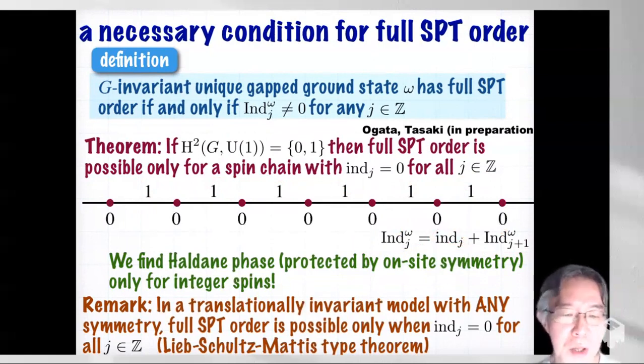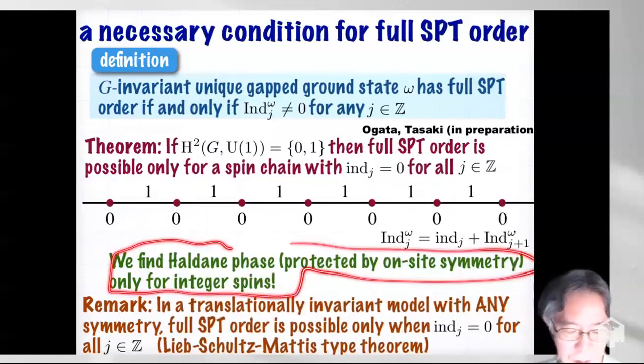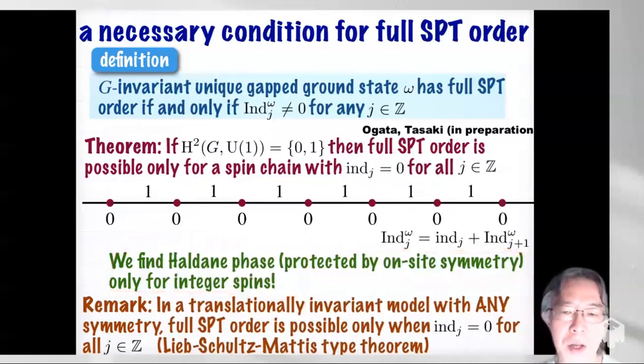Now you have proved that the spin index must be 0 everywhere. And this is consistent with the fact that we find Haldane phases protected by on-site symmetry only for integer spins. We knew that we don't have any Haldane phases for half-odd-integer spins when protected by on-site symmetry, but this proves the fact as a general theorem.